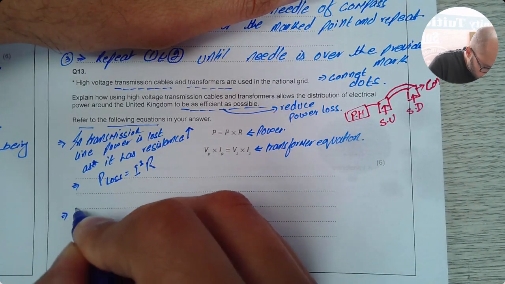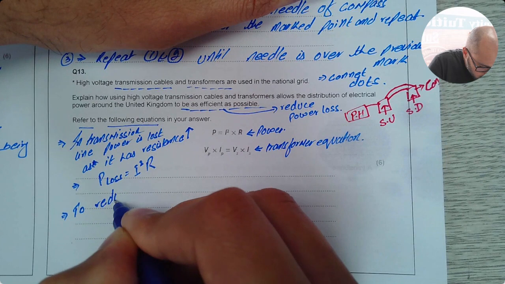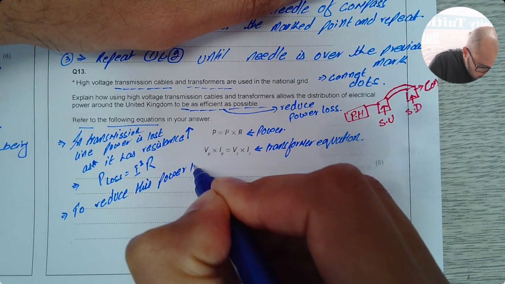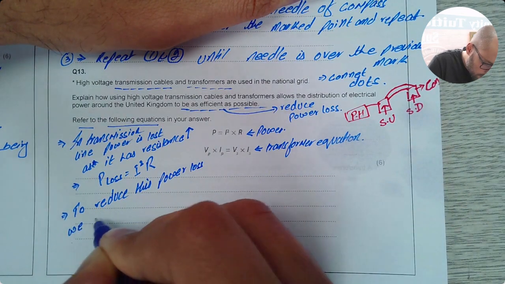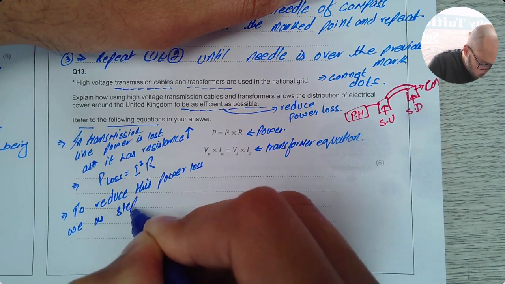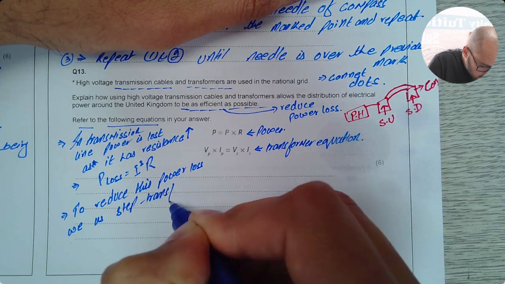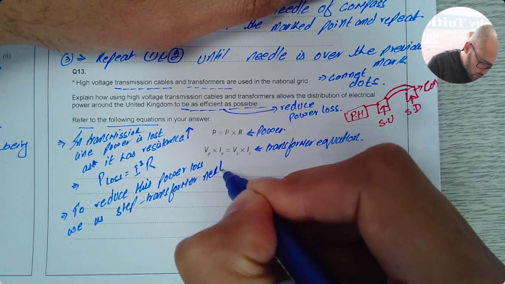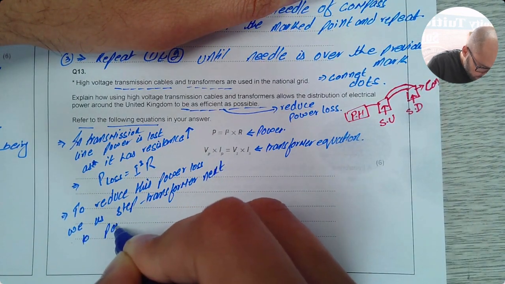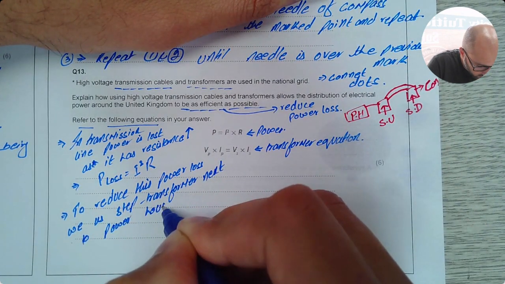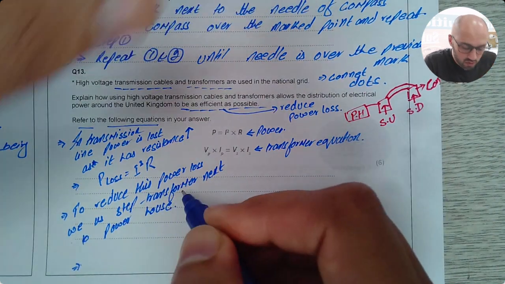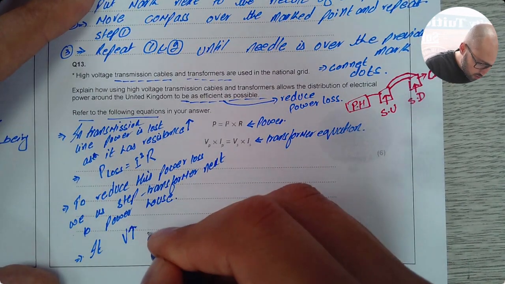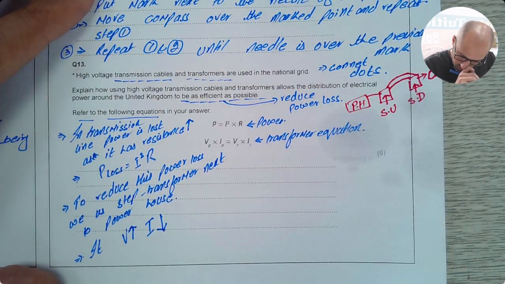Then I can say to reduce this power loss, we use a step up transformer next to the powerhouse. What does a step up transformer do? It increases voltage and it lowers the value of current. How do I know this?